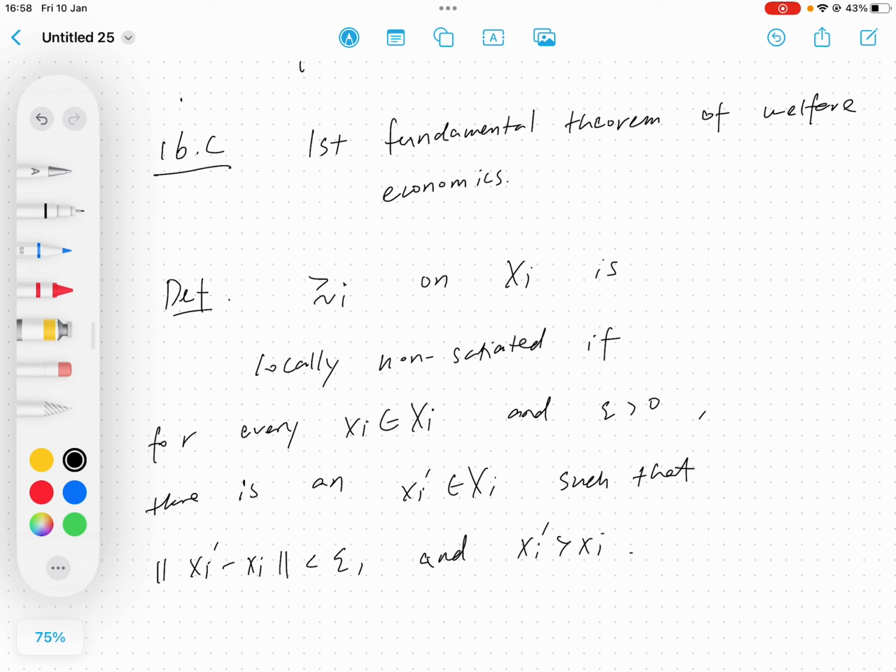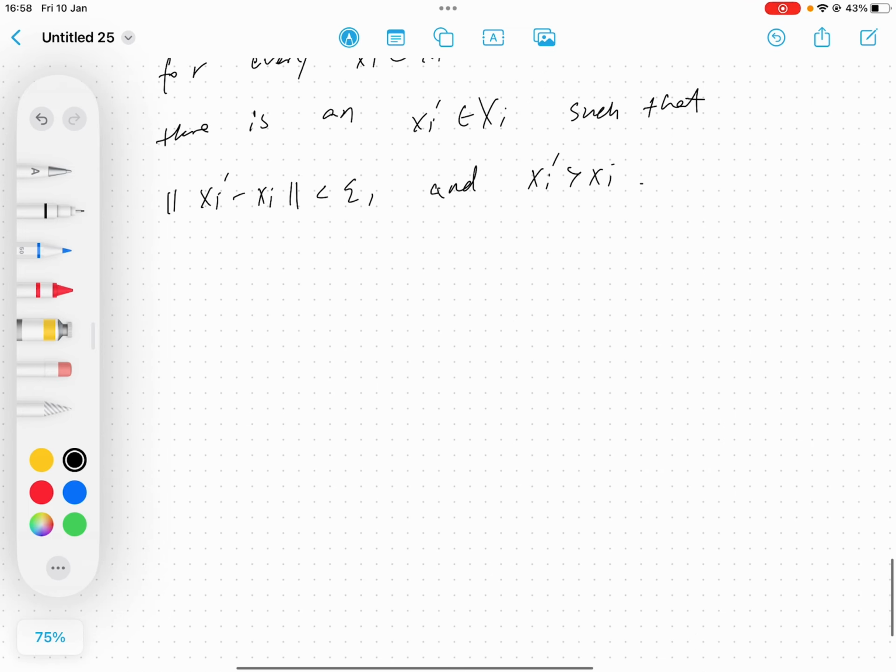Intuitively, this local non-satiation would be satisfied if there are some desirable goods or commodities. That will be used just for the mathematical properties. Next we go to Proposition 16.C.1, which is the first fundamental theorem of welfare economics.